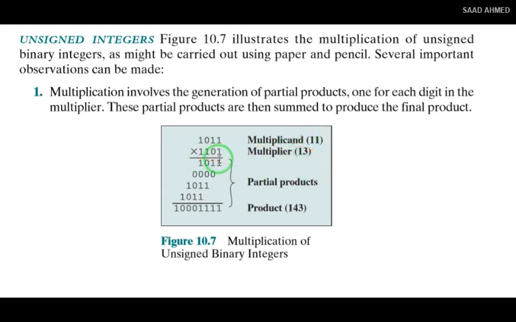The other number by which you are multiplying is called the multiplier. Then there will be partial products depending on the number of bits of the multiplier, and finally you add them up and you get the final product. So this is binary multiplication, and it's almost the same as we do in decimal: the multiplicand, multiplier, then partial products, and then the final product.